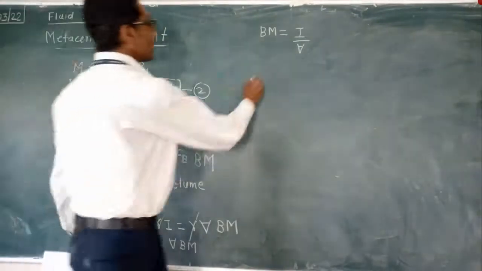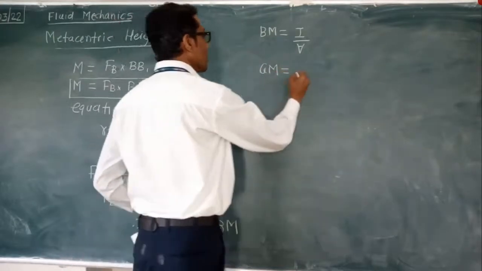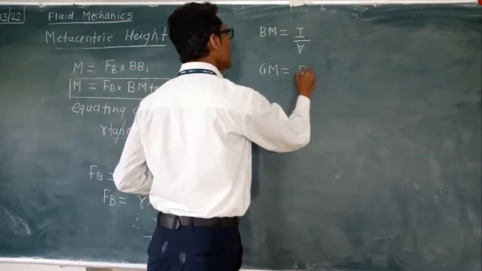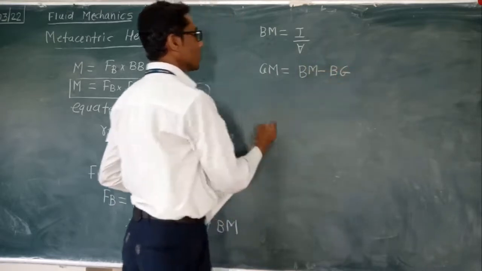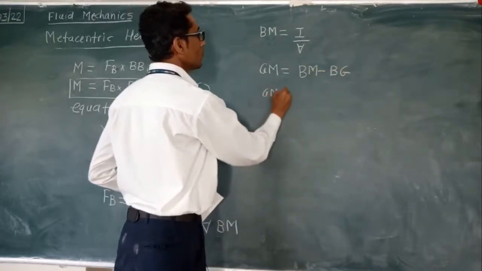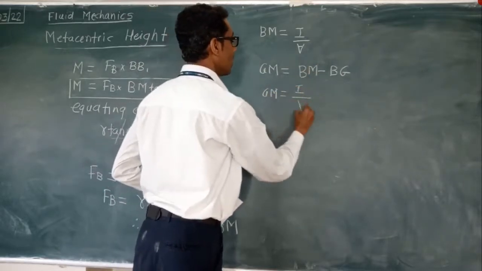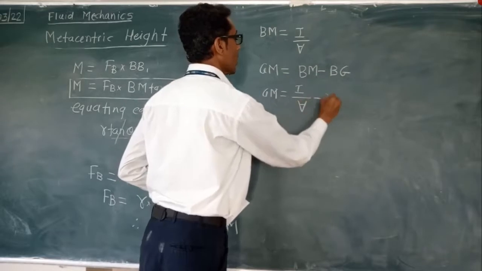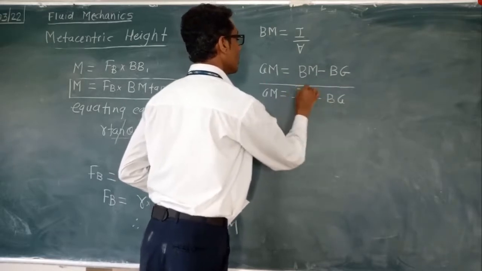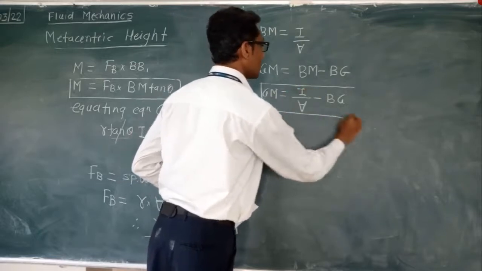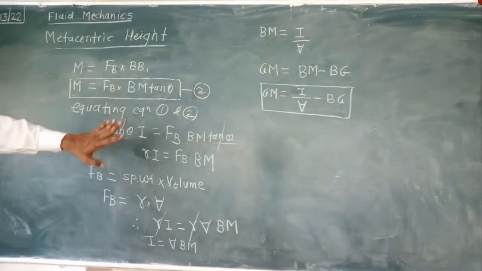Now as per the definition, metacentric height GM is equal to BM distance minus BG distance. Thus GM is equal to I by volume minus BG. This is the equation for metacentric height.